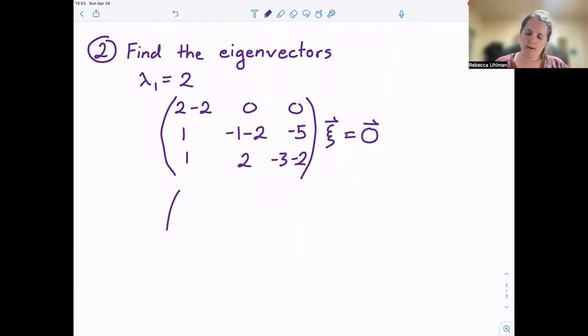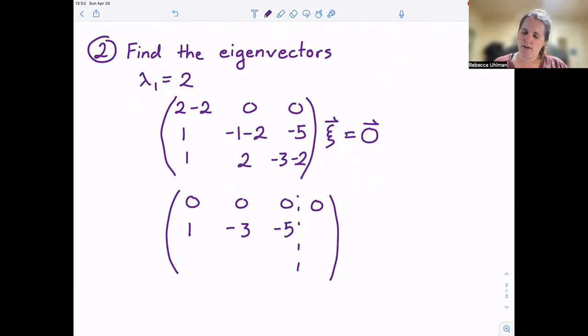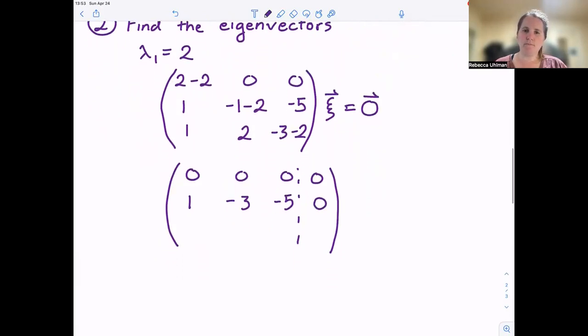So this becomes the augmented matrix 0, 0, 0 with augmentation 0 for our first row. 1, negative 3, negative 5 with augmentation 0 for our second row. And 1, 2, negative 5 with augmentation 0 for our last row.